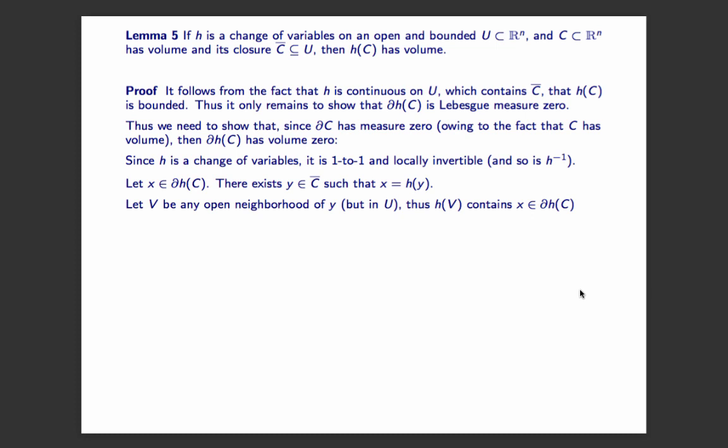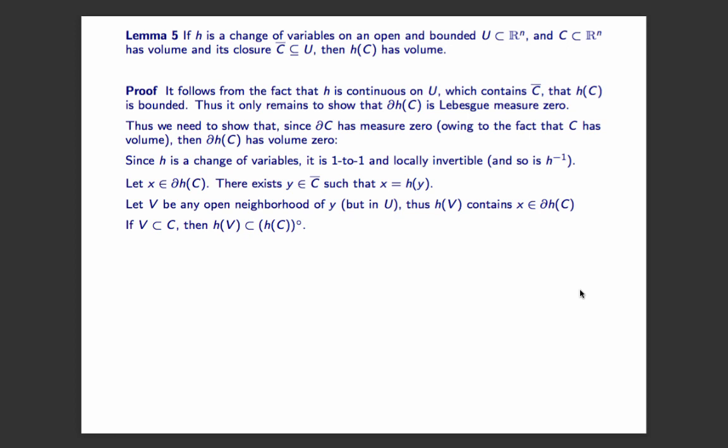Now, because V is an open neighborhood of y, and h of y is equal to x, then h of V must contain x, which is on the border of h of C.